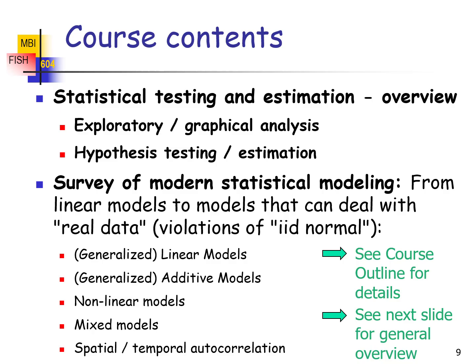And then we'll do a survey of a number of modern statistical modeling methods, and that's basically starting with the linear models, which I assume will be a review, and then we'll cover a variety of models that basically deal with all the violations of the assumptions that we make when we fit basic linear models.